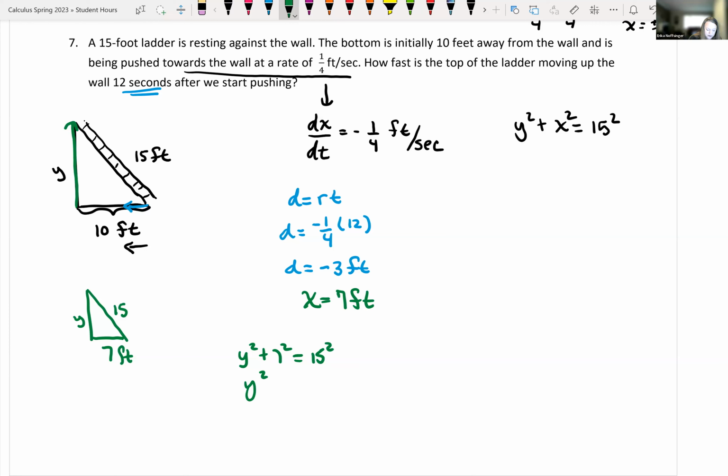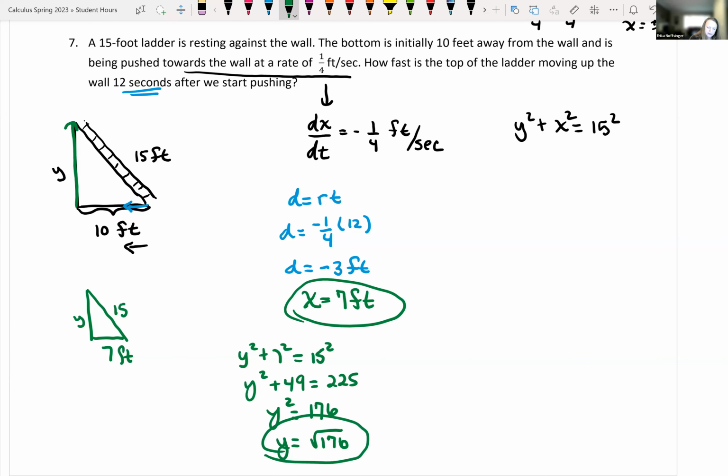We get y squared plus 49 equals 225. y squared is equal to 225 minus 49, which gives us 176. Taking the square root of both sides, we get the square root of 176. So we know what x is, we know what y is, we know what the rate of change is for x. Now we're trying to find the rate of change of that height, the rate of change of y. So let's go back to our Pythagorean theorem that we had set up, and let's use implicit differentiation.